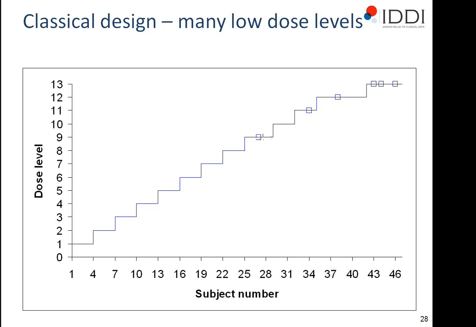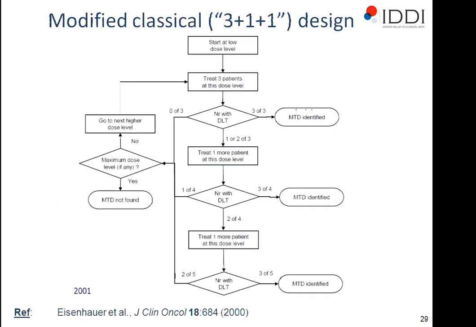So it may cost you 25 patients, with the time required for treating and enrolling them, until you reach the area where your MTD might be. So this is clearly one of the important issues in terms of efficiency of the 3+3 design, which needs to be taken into account.